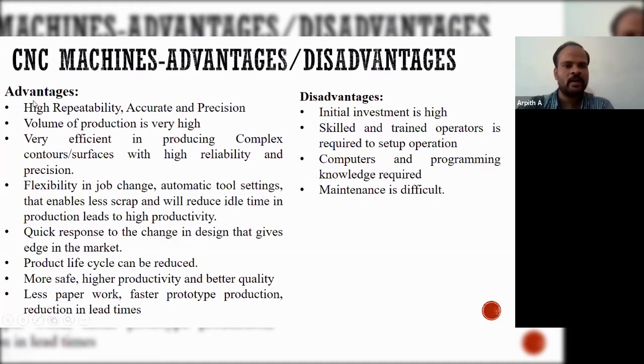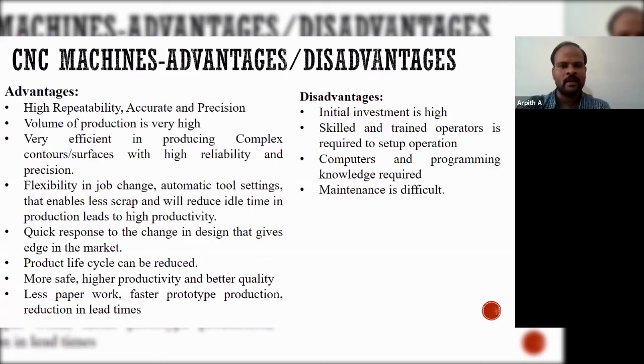So the main advantages of CNCs are that repeatability is very high, it is very accurate and very precise, and you can produce a very high volume of products. I'll show some of this in some of the videos. Any complex shapes or complex surfaces can be produced with very high reliability.